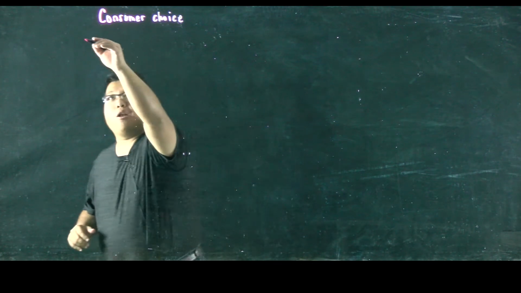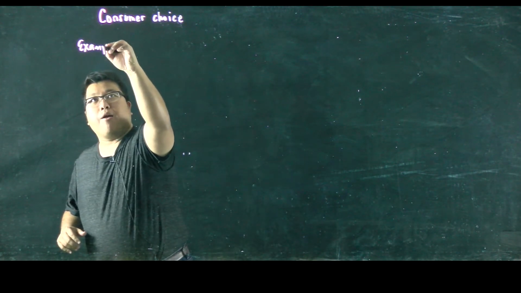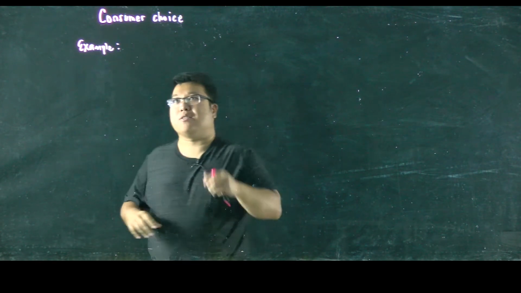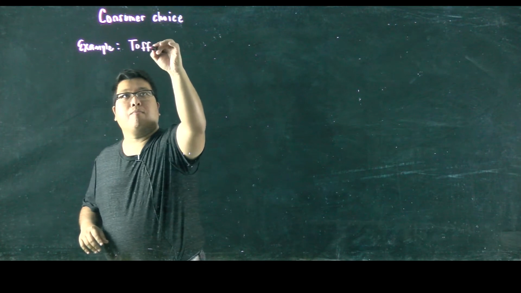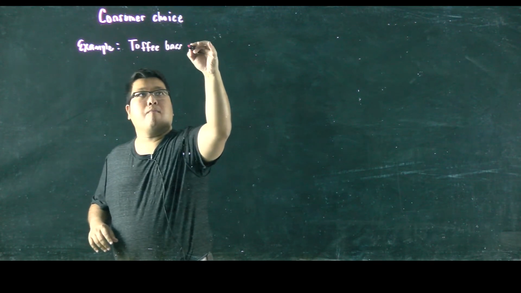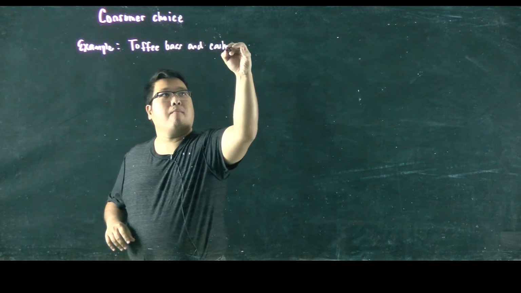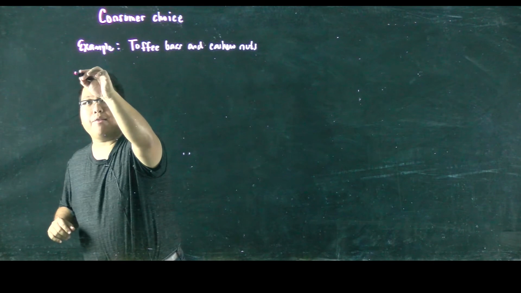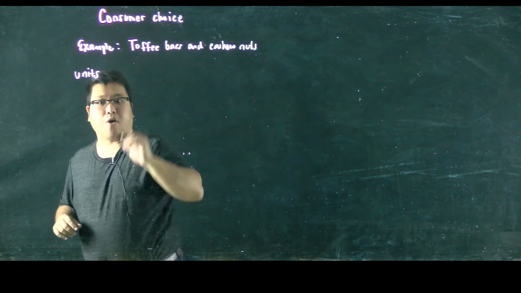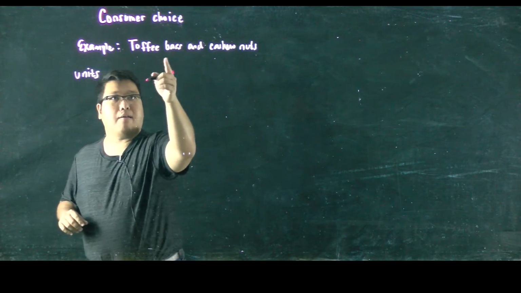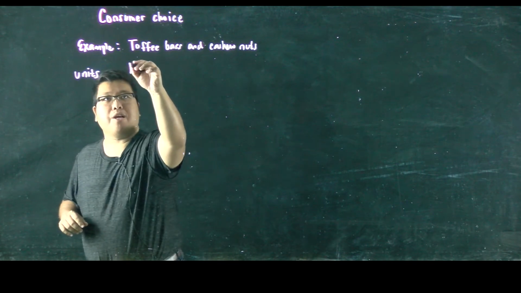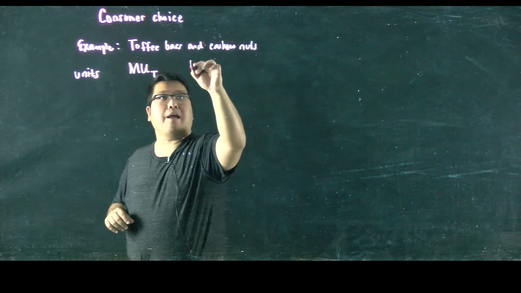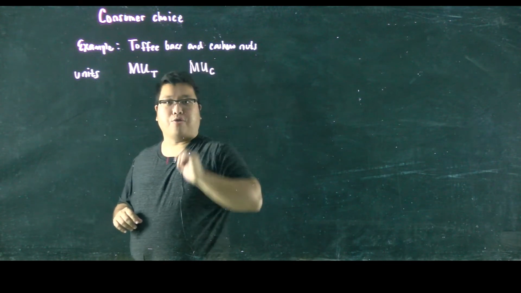So what I'm going to do here is write a table where there are two goods: toffee bars and cashew nuts. Here I'm going to write the units for the toffee bars, which I will call T. I'm going to call this marginal utility for toffee, and the marginal utility for cashew nuts.